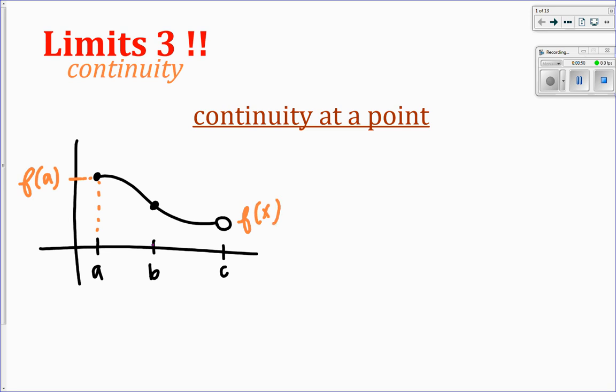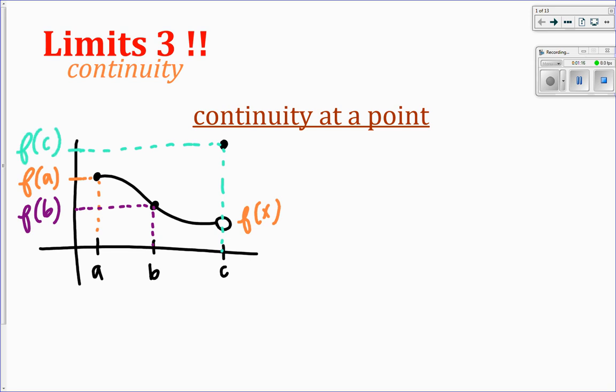That means that this y value we would call f of B. And let's add a point up here. So technically, this y value up here is f of C.